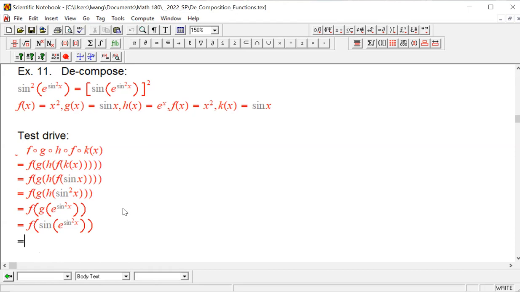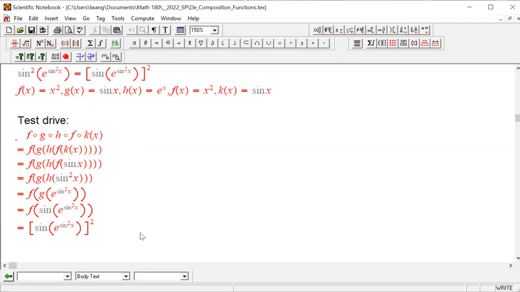Last but not least, any input you give to f, we're going to just square it. So this piece is the input for f, and that is going to be squared. In trigonometry, we know that this squared will be written up here.